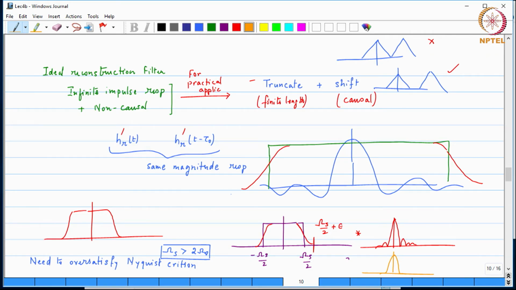Again, the reason I used one with ringing is to show that you should not forget that when I do truncation, there will be some side lobes which you have to worry about. But there are filters which have very low ones, and what will happen is this part will get widened, right. The main brick wall part will get widened, but you are over-satisfying the Nyquist criterion. So, once you over-satisfy the Nyquist criterion, the windowing will have ringing, but it will die down at some point, and it dies down before the aliasing part begins, right. Very good question.